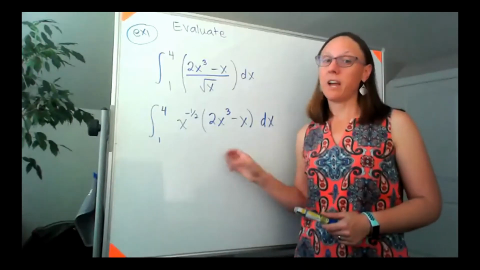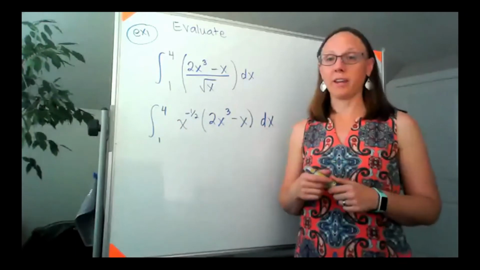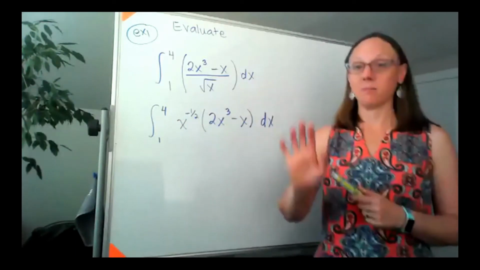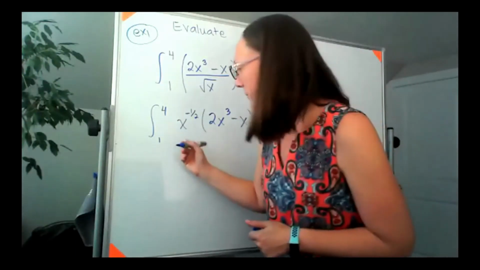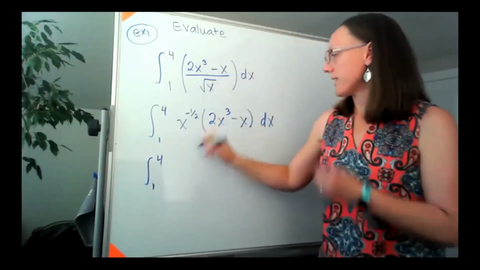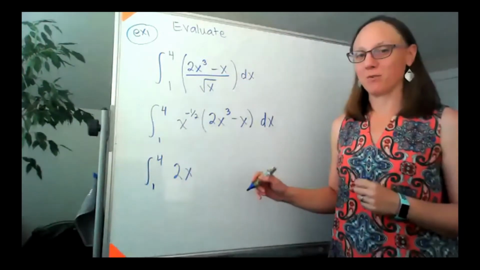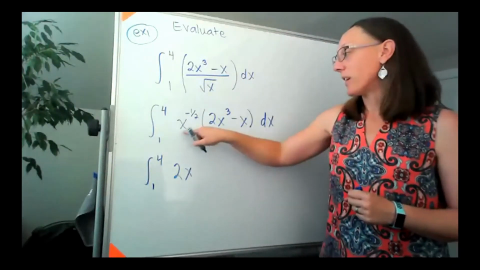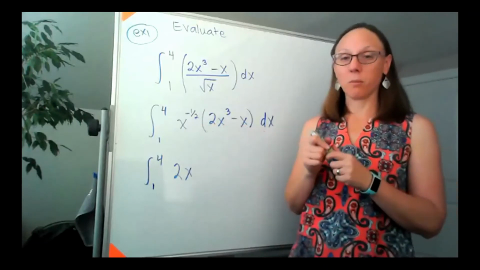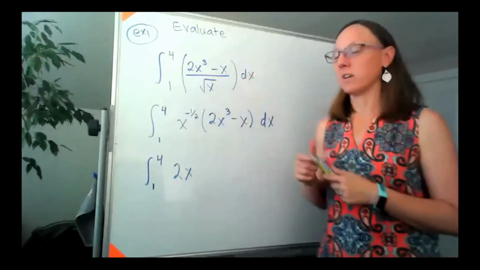So from this point, I'm going to take that x to the negative 1/2 and distribute it in so that I can make this look like a number times x to a power. I'm looking at 1 to 4. This will be 2x, and because everybody loves fractions, when I distribute this in, I'll have two things with the same base of x, so I'm going to add those exponents.